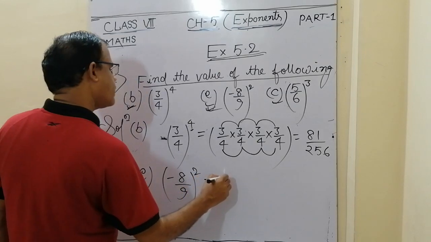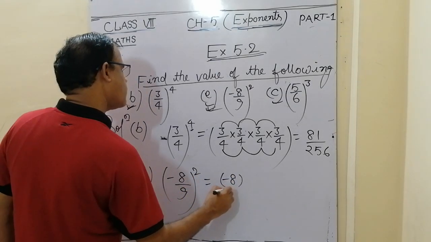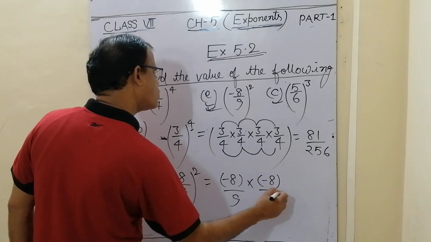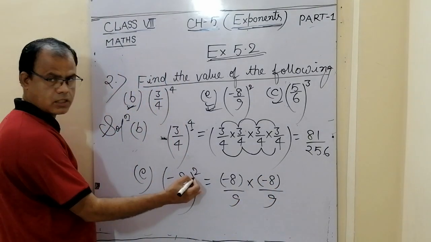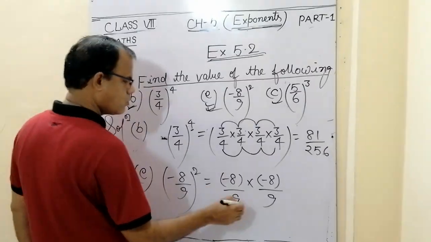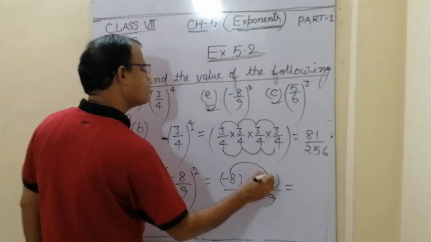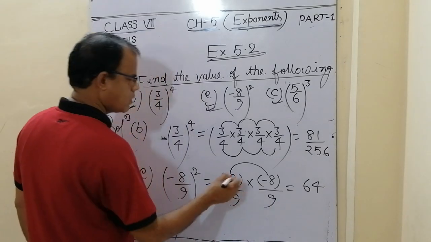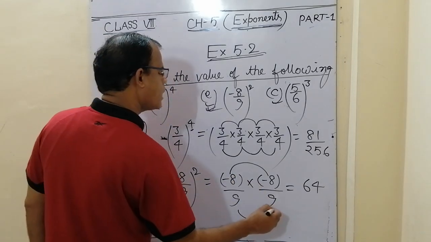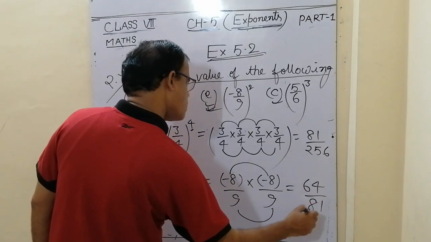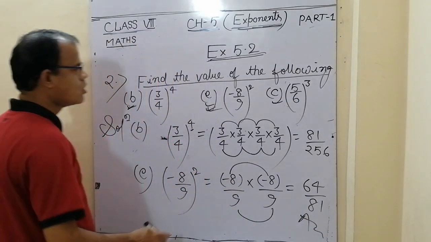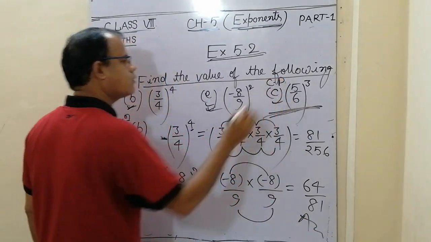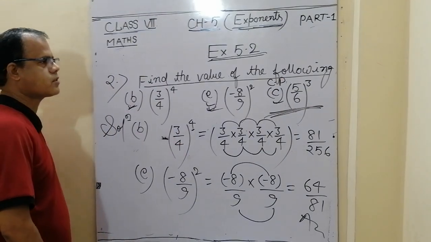So we can write (-8/9) multiply (-8/9) two times because 2 is written here. When we multiply the numerators, minus 8 into minus 8 becomes 64, minus minus is plus, and 9 into 9 is 81. So this is the final answer. You have to solve C part for class practice.